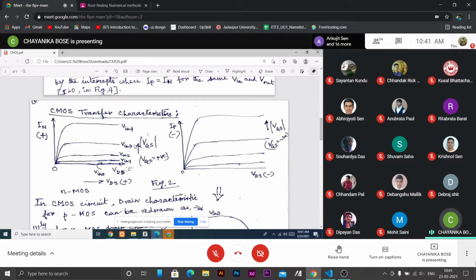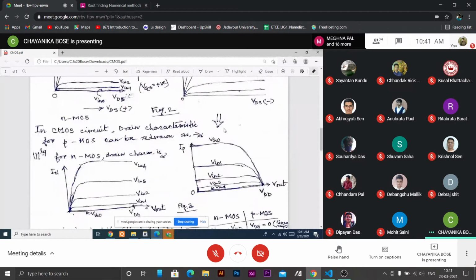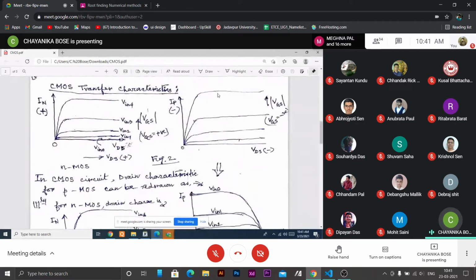For intermediate values, the current will lie between 0 and this value. For this one it will be just the opposite, so it will be for 0 voltage, and this is for VDD.